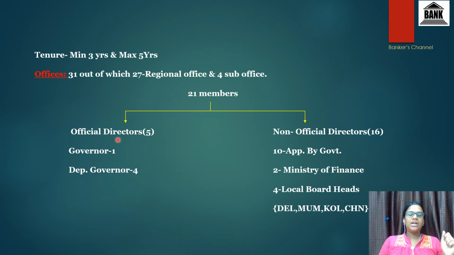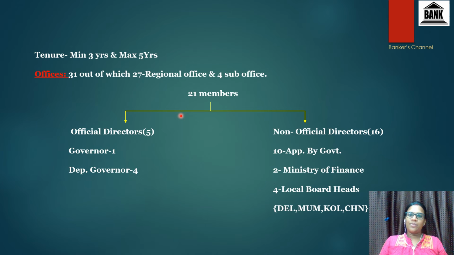Next we will have details about the offices of the Reserve Bank of India. Totally, all over India they have 31 offices, out of which 27 are regional offices and 4 are sub offices. Now we will look into the structure of the Reserve Bank of India.